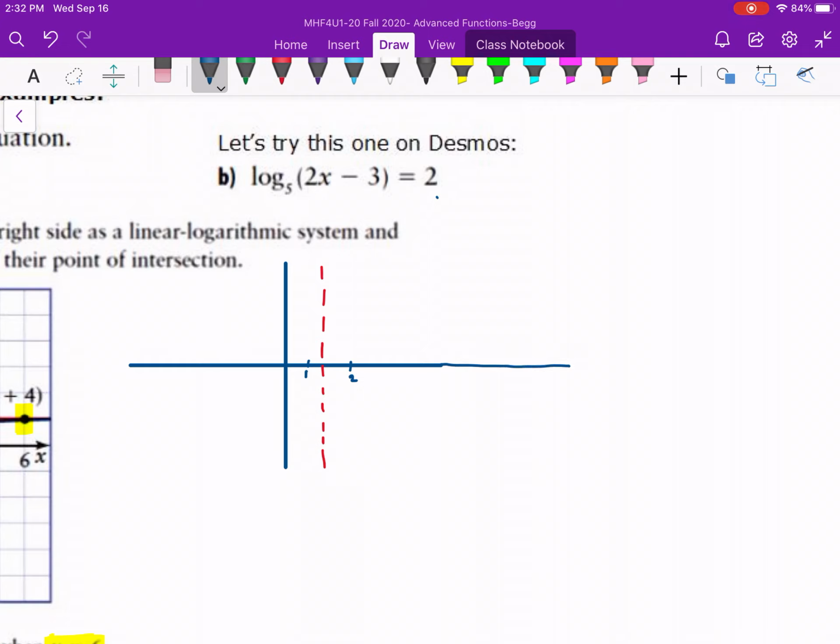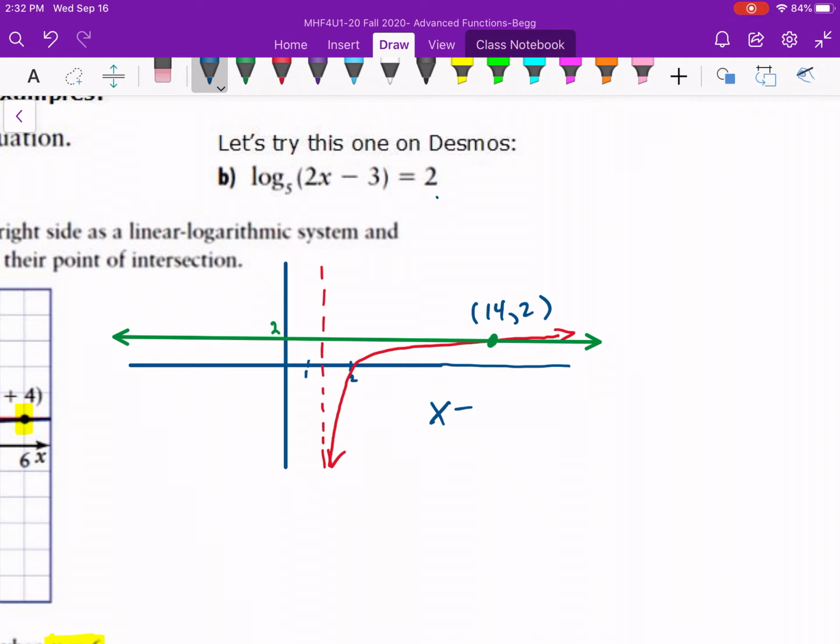And draw the sketch, something like this. And then we had the other graph, which was a horizontal line at y = 2. And where the two intersect was at the point (14, 2). So the solution is x = 14.